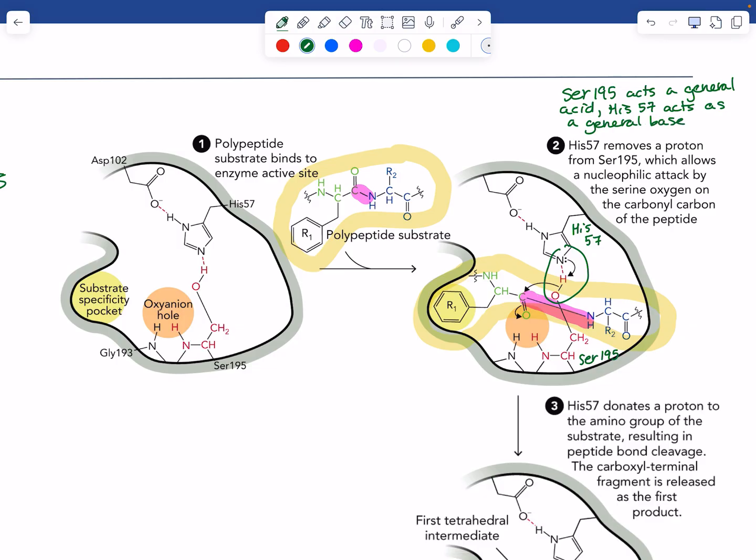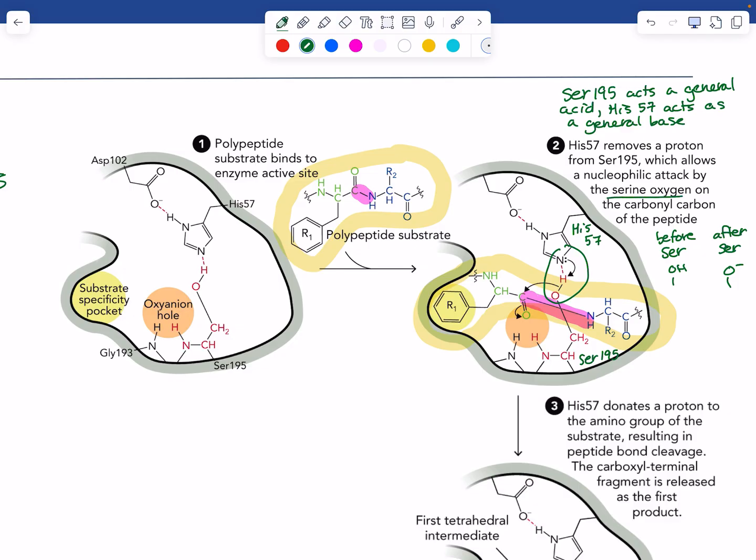And then once you have the serine deprotonated, okay, what does that leave you? So your serine before has a hydroxyl. So this is before and after. Your serine is an oxyanion, right? So that is going to make a nucleophilic attack on the carbonyl carbon, okay?